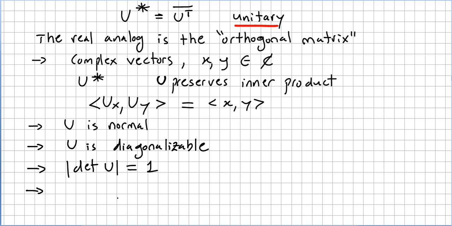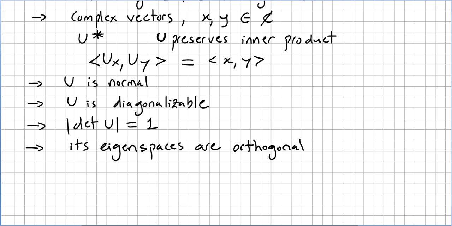Okay, so of course this is a matrix that is like the previous one, the special orthogonal ones. A very important fact about U is that its eigenspaces are orthogonal.